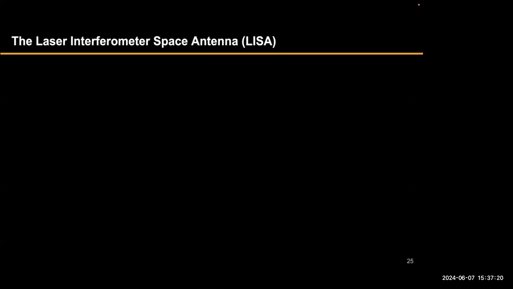So what is LISA? LISA takes basically the same idea as what LIGO, Virgo, and KAGRA do, but they scale it up significantly and then put the interferometer in orbit.